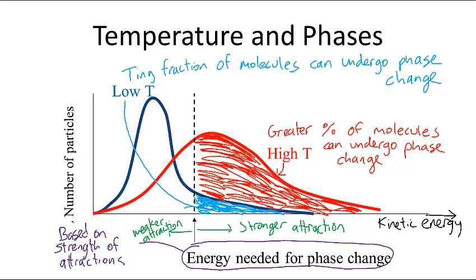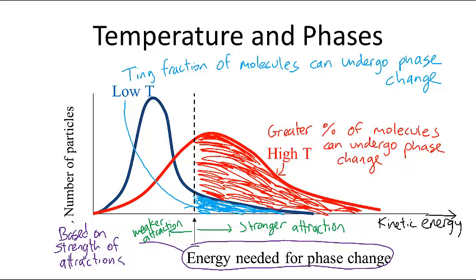Okay, picking up where we left off yesterday, we had looked at this lovely graph of the Boltzmann distribution, and we were using it to interpret phase change. So we said at any given temperature, there's going to be a certain percentage of the molecules that have enough energy to overcome the intermolecular forces and undergo the phase change.